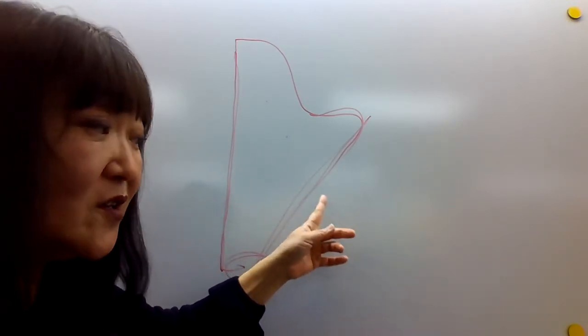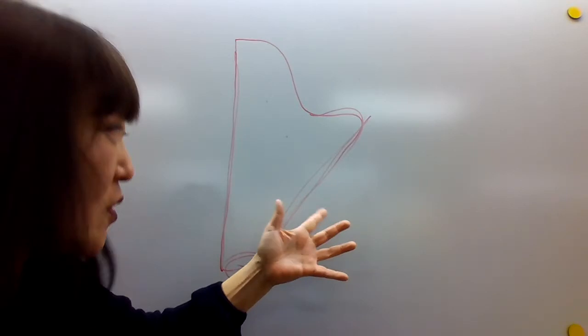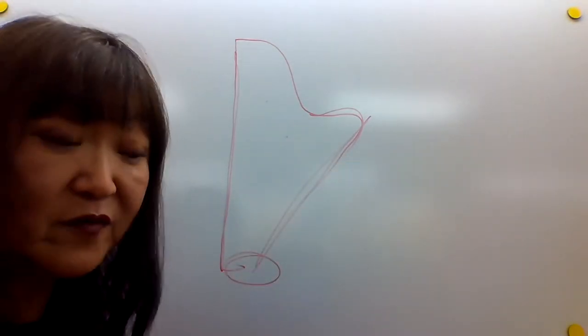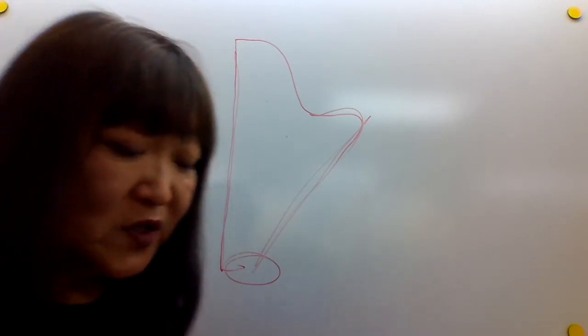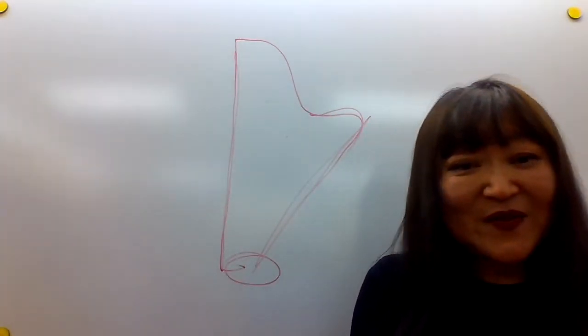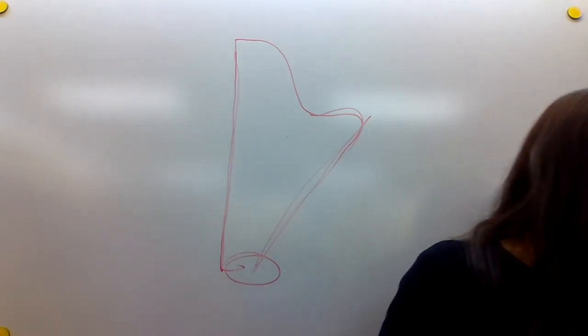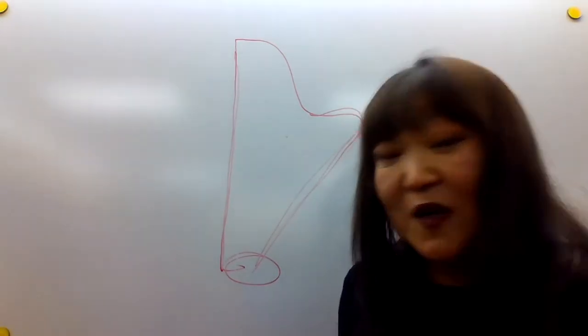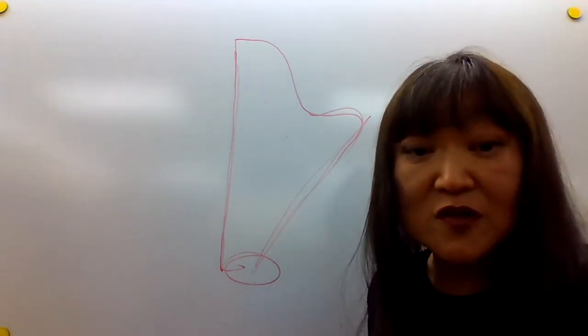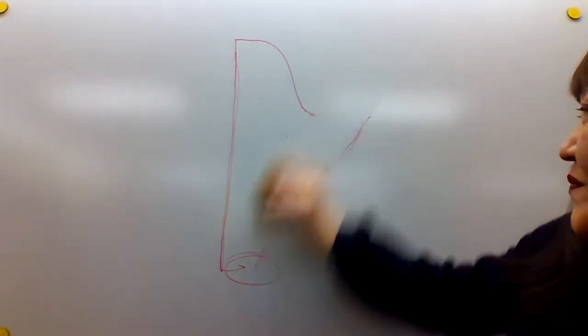If you don't like what you did first, then you can go over and fix it, and you can still draw the whole thing in a pretty short time. That was the object gesture. Let's pause the video and try the harp, and come back for the figure gesture.